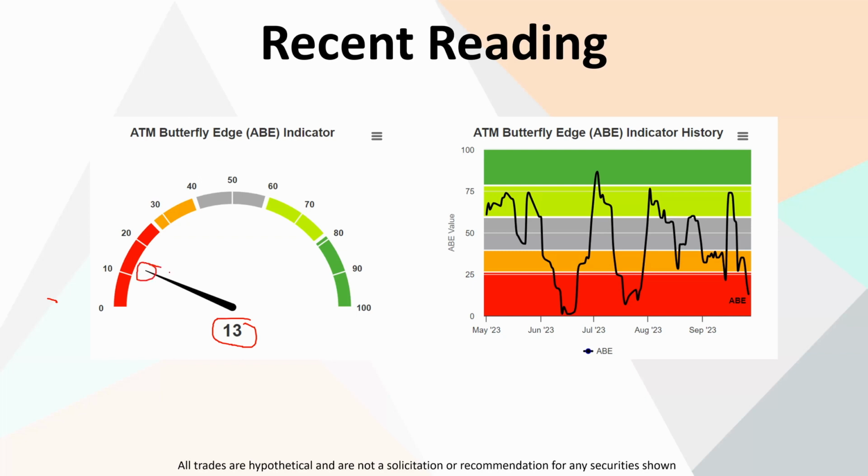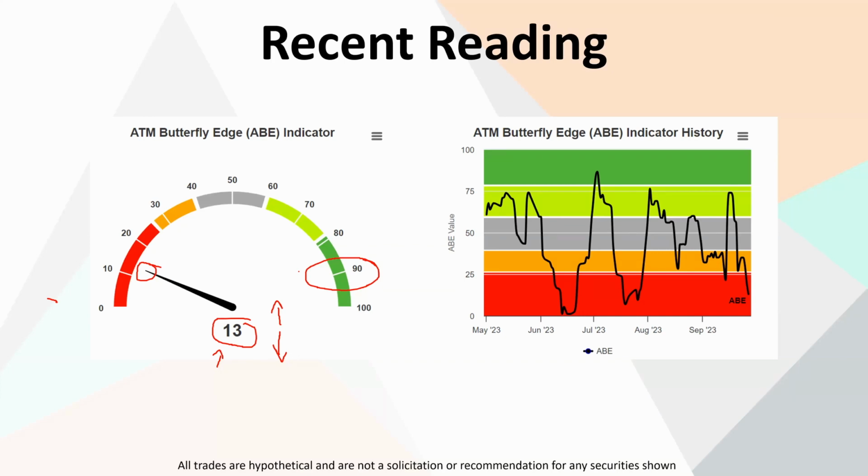And we want to know the second step. We want to know where the absolute reading is. So this is the absolute reading, and we need to know if this is high or low. So we want to see this graph. In a perfect world, we'd like to see this sky high for a good time to put on a butterfly. But then we also need a second step.